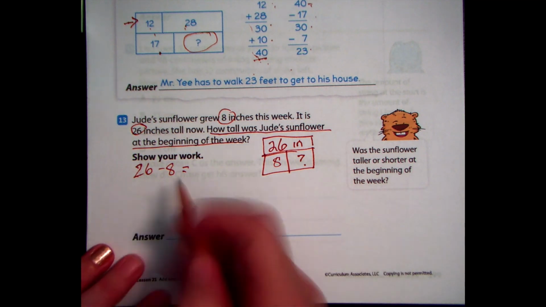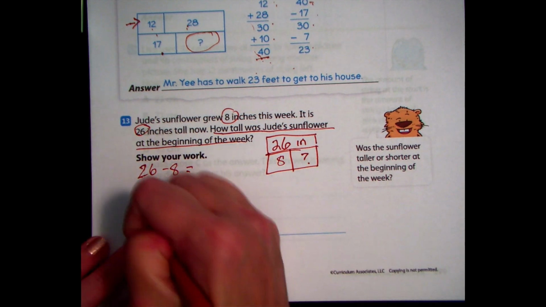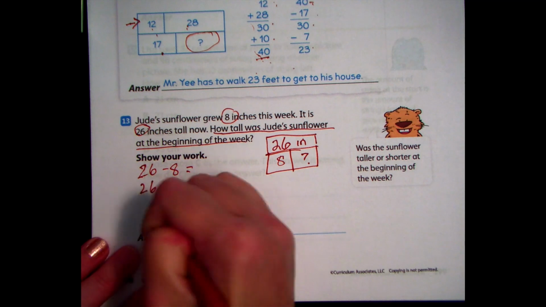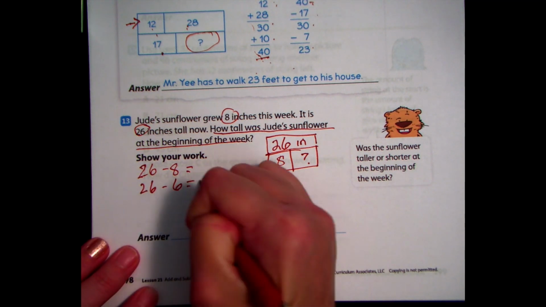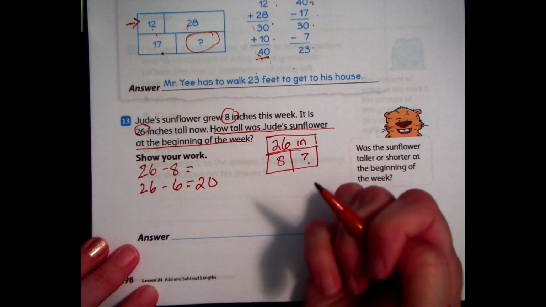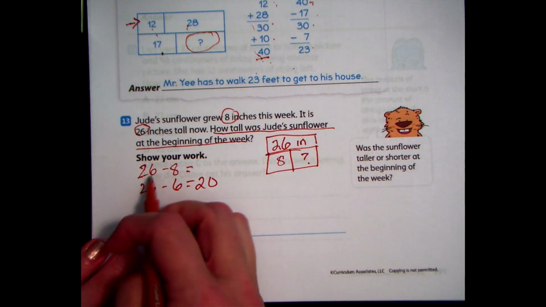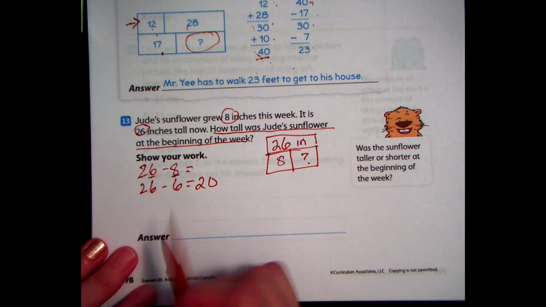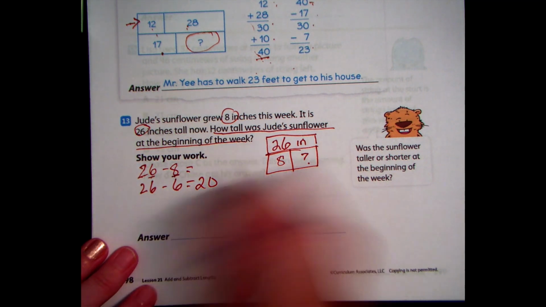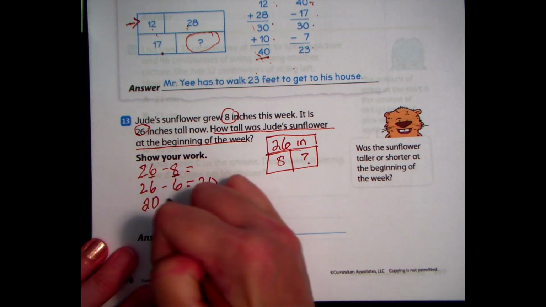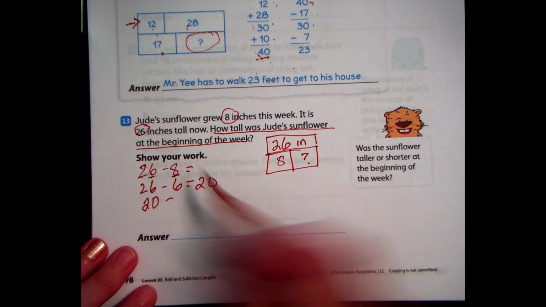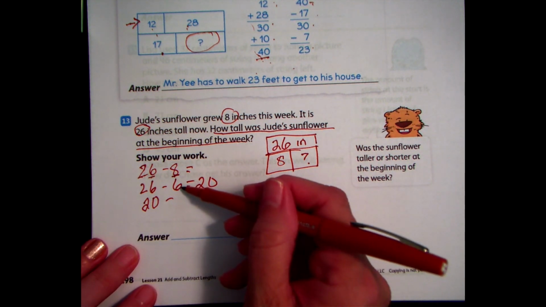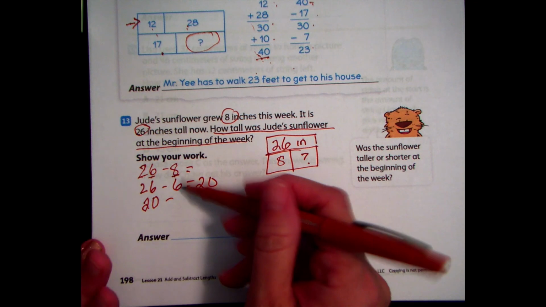So, how can I do this? I can break it down. I can go 26 minus 6 equals 20 because I took the 6 away. But I want to take 8 away. I only took 6 away. So now I'm going to take 20 minus, now I took away 6, so that leaves 2 more.